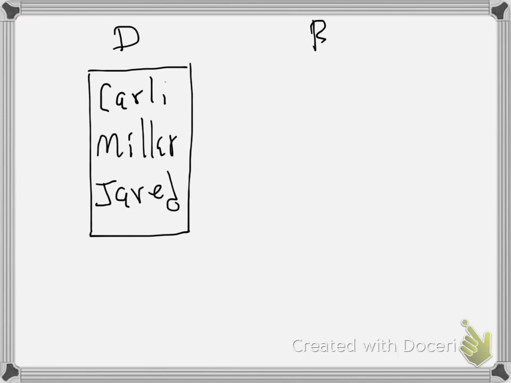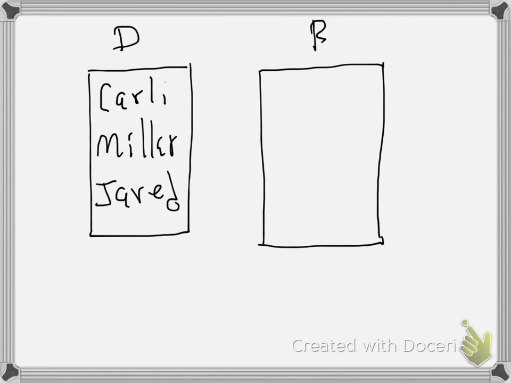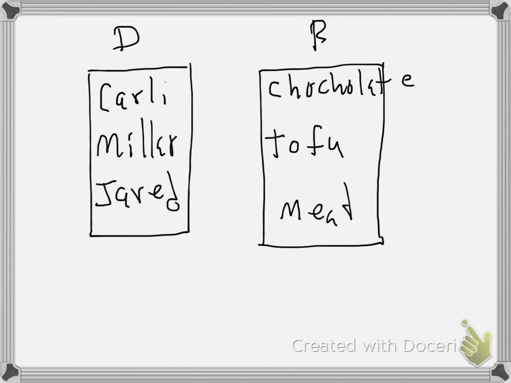And for the range, for the output, let's have chocolate, let's have tofu, and let's have meat. Okay. Now our mapping, Carly would like to eat some chocolate, Miller is all about tofu, and Jared is good with anything as long as it's meat. This would be our function.